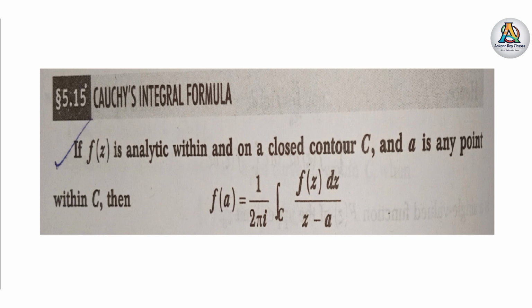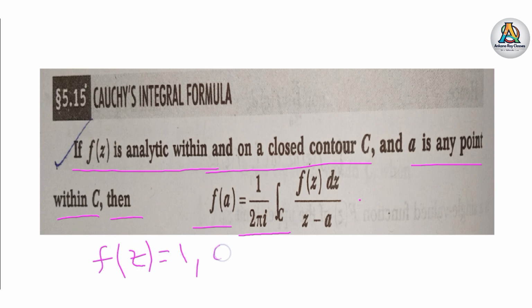Cauchy's integral formula states that if f(z) is analytic within and on a closed contour C and a is any point within C, then f(a) is equal to 1 by 2 pi i integration over C f(z) by z minus a into dz. Now, in option 2, here f(z) is equal to 1, a is equal to 0, which is inside the closed contour C, the unit circle mod z equal to 1.